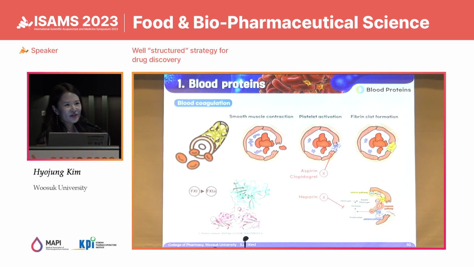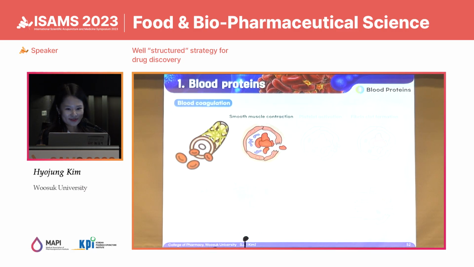If we have any bleeding event, there are largely three processes that happen. The first process is muscle contraction to minimize the blood loss, and then the platelets will be activated. And then the next step is fibrin clot formation, in which many clotting factors work.